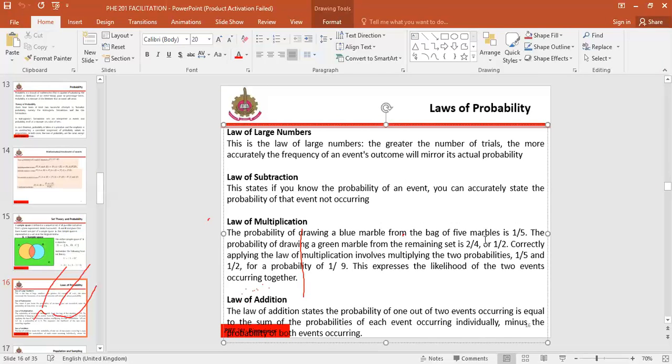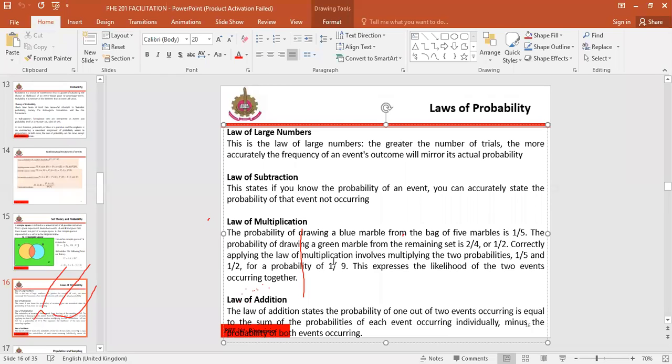So in this case, it has been reduced to its lowest term, which is 2/4. Then 2 goes into 2 once, and 2 goes into 4 twice. That's how we have 1/2.